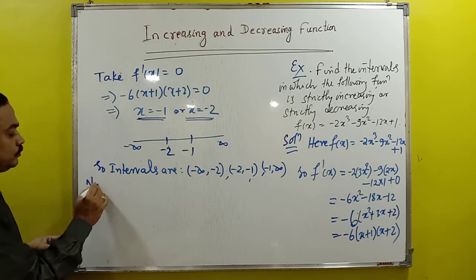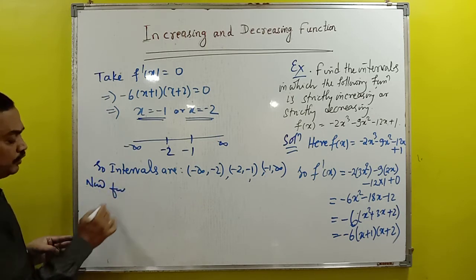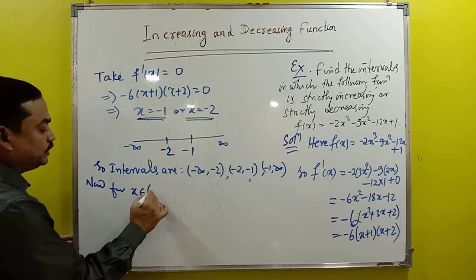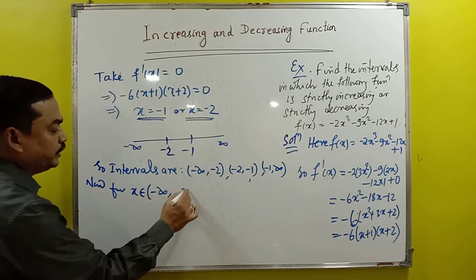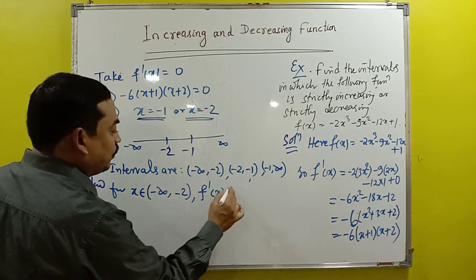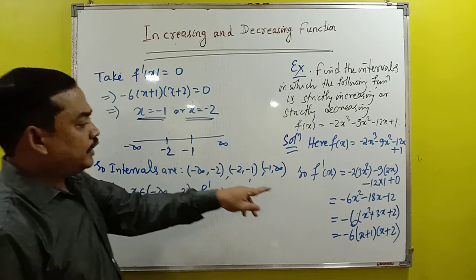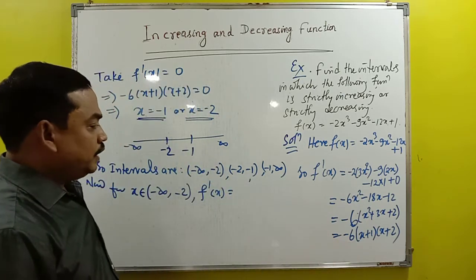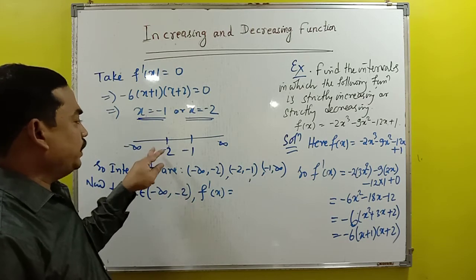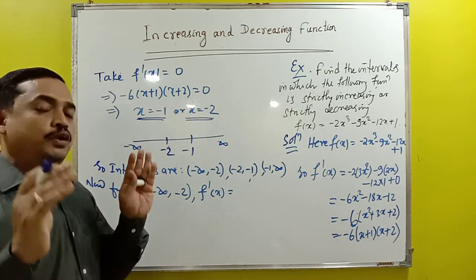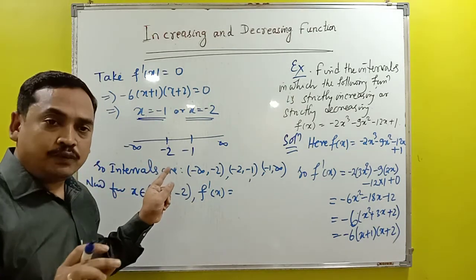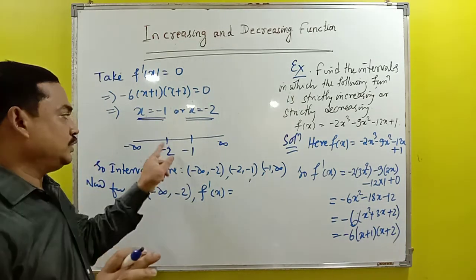For each interval you will check f dash x. For x belonging to minus infinity to minus 2, this one is your f dash x. You select a value of your own choice from this interval. Suppose we select minus 3.